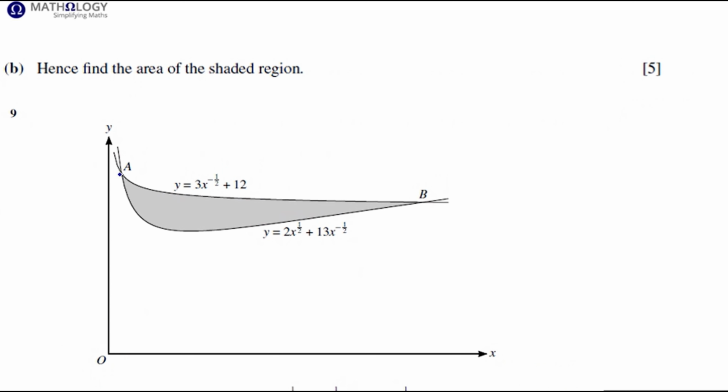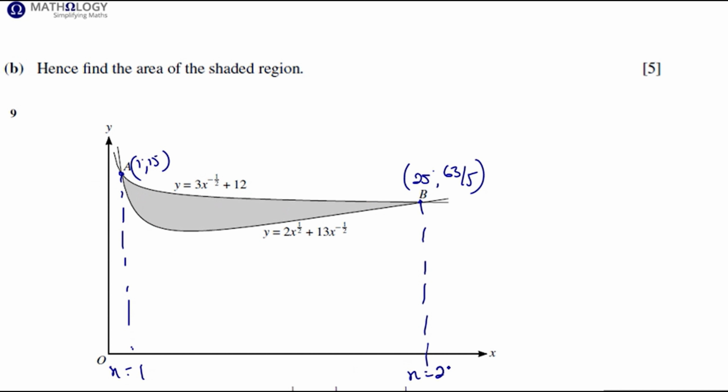Okay, the next question, hence find the area of the shaded region. So A is the point 1, 15 and B is the point 25, 63 over 5. So to find the area of the shaded region, we're integrating. The boundaries of integration will be the vertical lines x equals 1 and x equals 25.